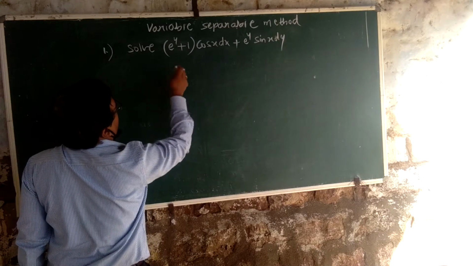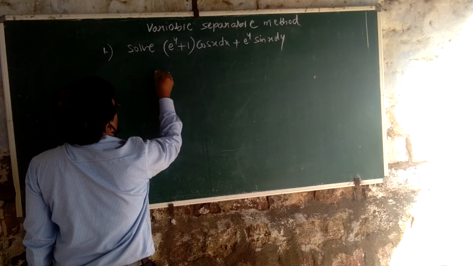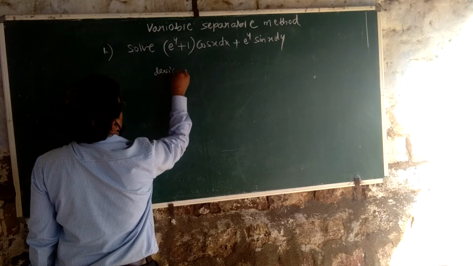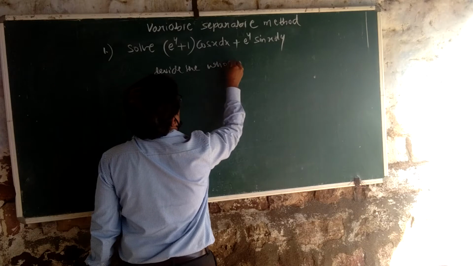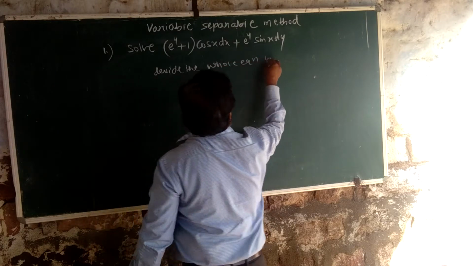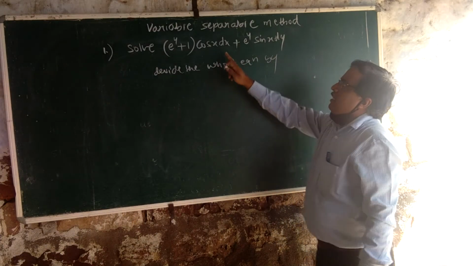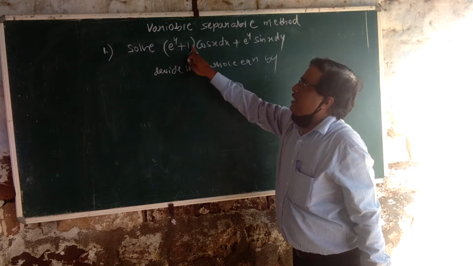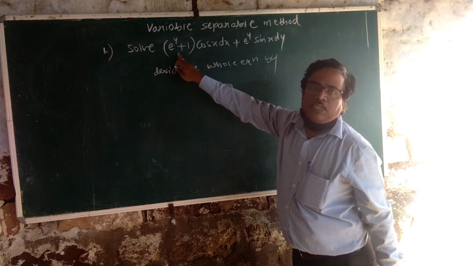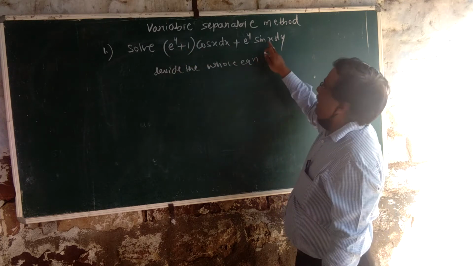Now I divide the whole equation by something. See here, the cos x term and x term are there, but we don't want this, because this is a y term and it should come here.